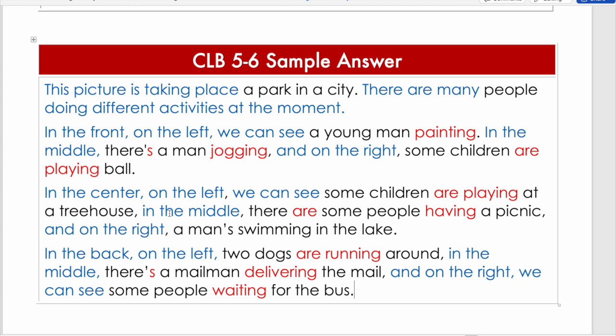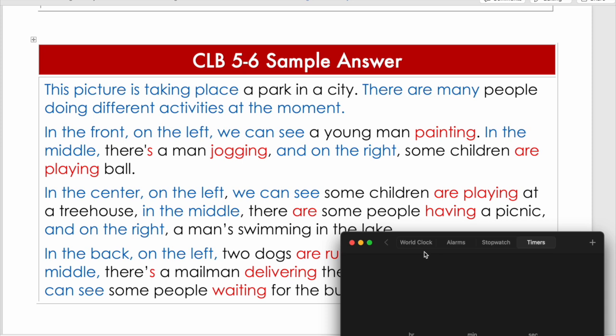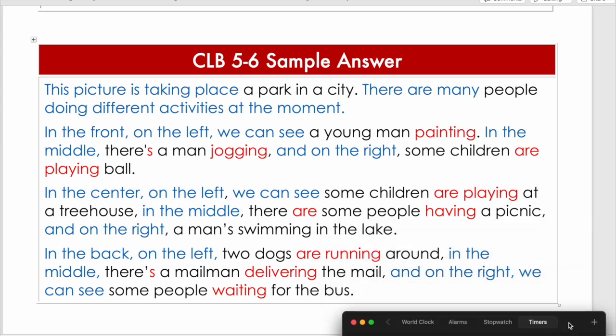Okay. And so again, about speaking. We need to speak this answer in 1 minute. And if you speak this answer very well, then you will get a higher score.